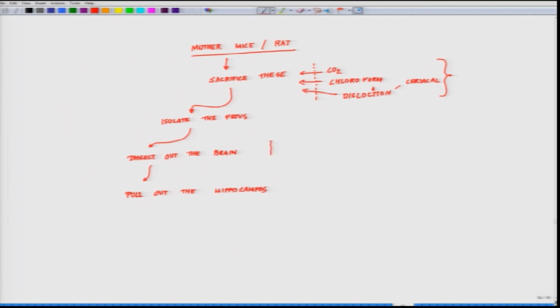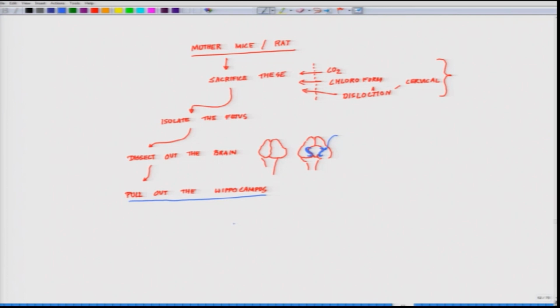So here you are having the brain, and as I told you, that is the dorsal side and here is the ventral side of it. And here is your concerned tissue. So, you really need a very good pair of hands to pull out the hippocampus.